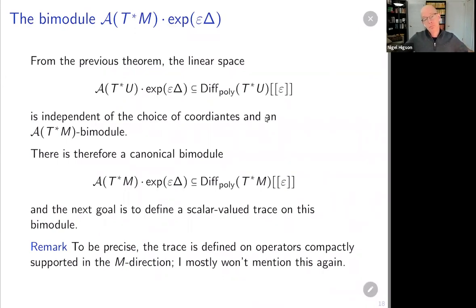It's invariant under both left, that's obvious, but also right multiplication by elements of the algebra A. So it's a free A bimodule, and this is the bimodule that we shall be working with. Because it doesn't depend on coordinates, you can patch together and build a canonical bimodule in the global context of a manifold M, and that's exactly what we shall do following Perrot.